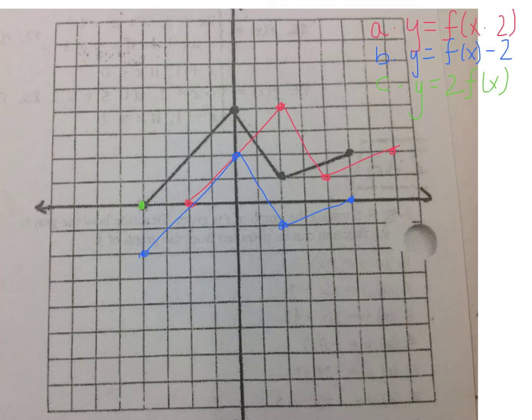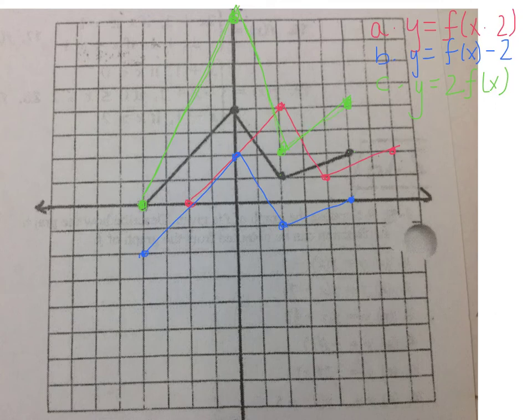So multiplying 4 by 2, you get 8. This y coordinate is at positive 1. 1 times 2 is 2. And this y coordinate is at 2. 2 times 2 is 4. So if you notice, our graph was stretched by a factor of 2. All right, and that's the first 3.